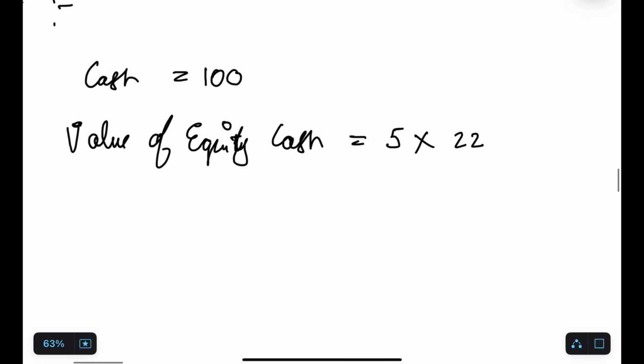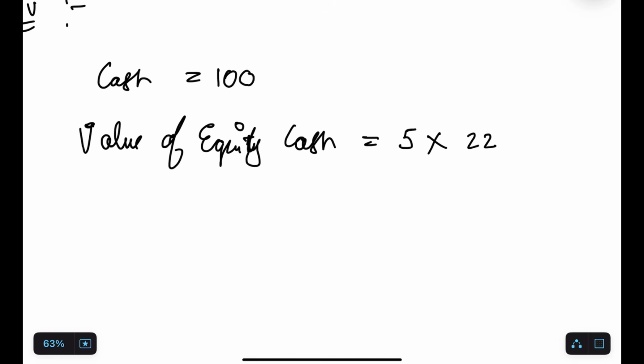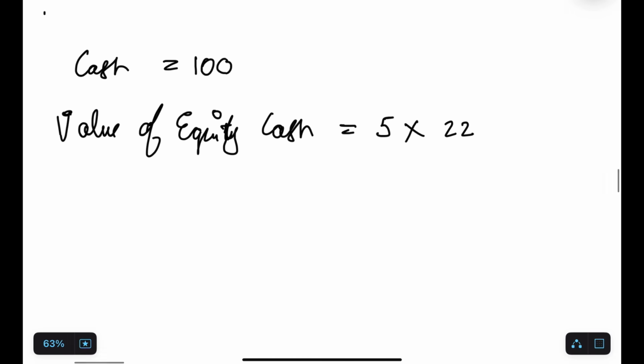But the thing to understand here is that the 22 rupees price of the equity share is today. We would redeem our debenture after 6 years. So in 6 years, the price of the equity share would either decrease or increase. The question says that the price of the equity share of the company grows by 6%. So it is natural that the price would go up by 6% every year for 6 years.